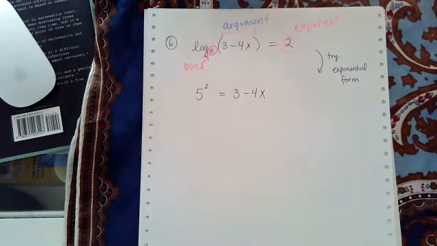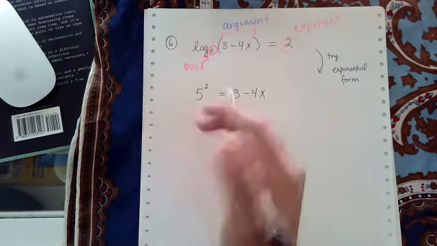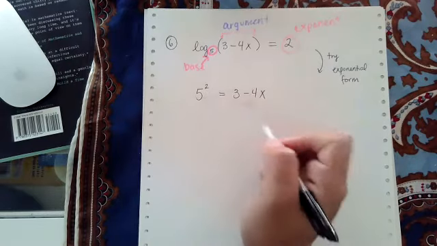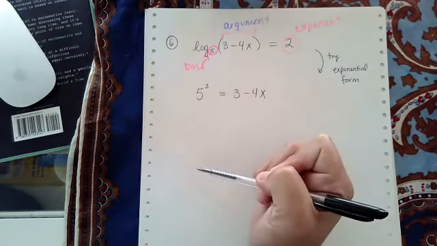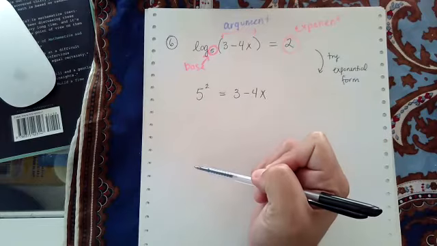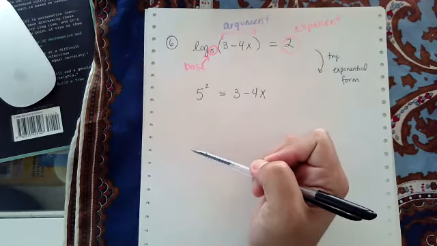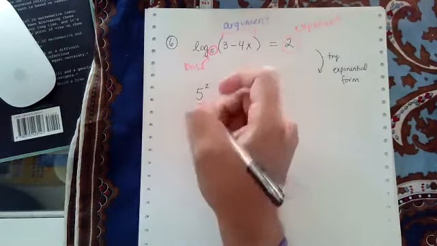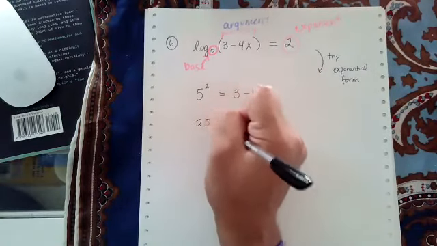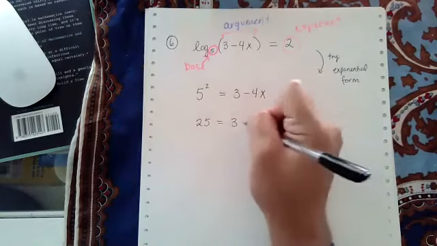Vanessa, you said you did this method as well. What was the next step? I don't know if it's right, but I evaluated the 5 to the second. Yeah, and you got 25, right? Yes. And that's equal to this.